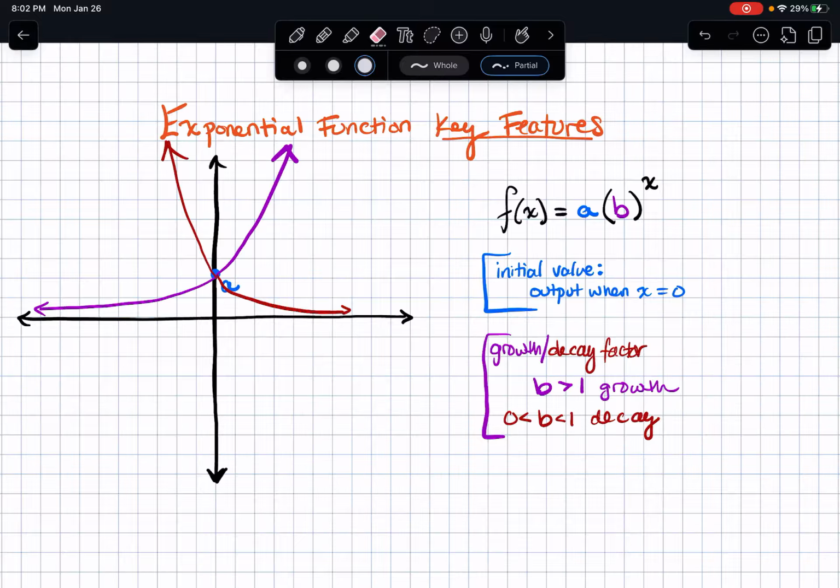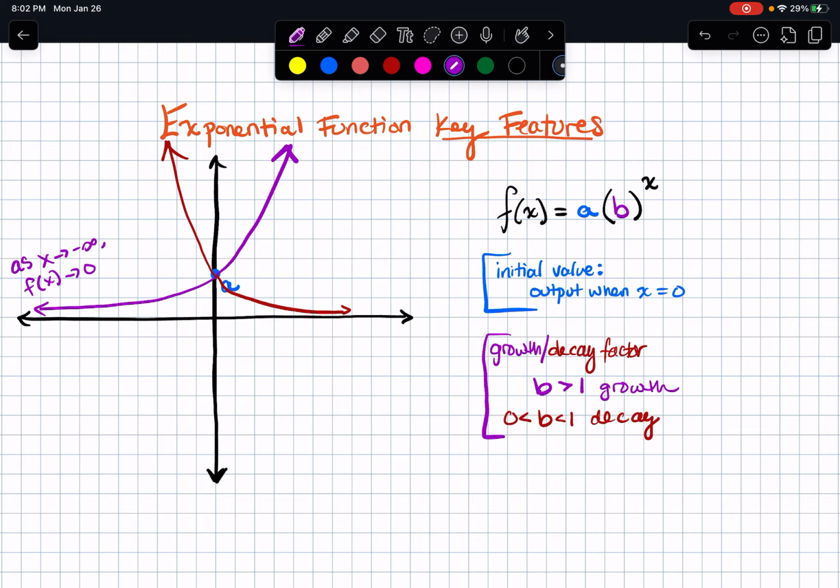On our purple growth function, as x approaches negative infinity, notice that f of x is not approaching negative infinity or positive infinity. f of x is approaching 0.